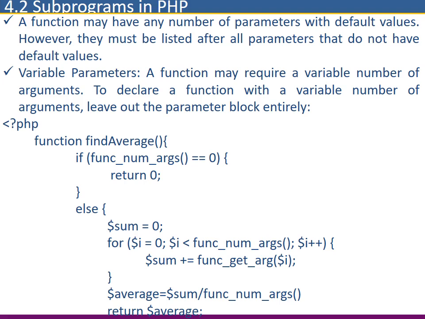For, that is looping, we want to loop: for $i equal to 0, we initialize our $i to be 0, $i less than func_num_args(). This portion tells us how many inputs the function received.